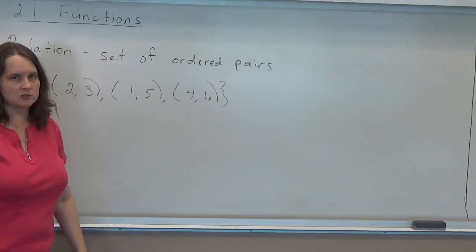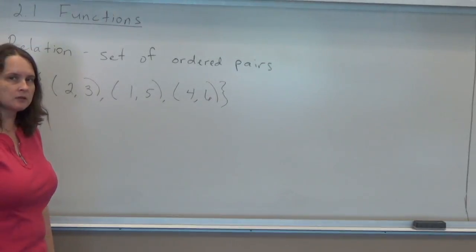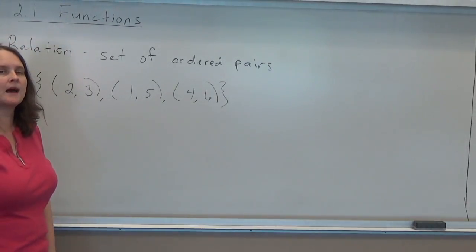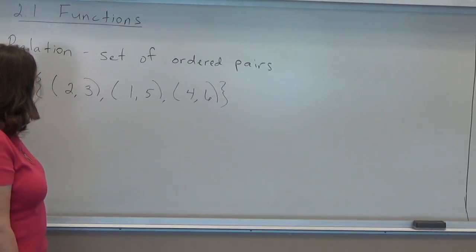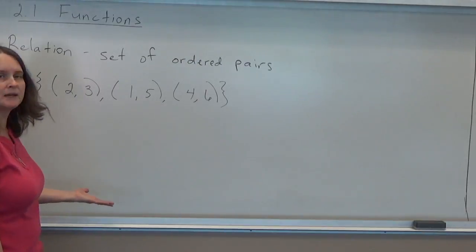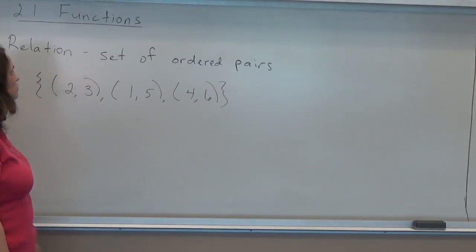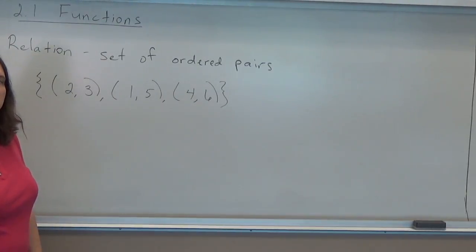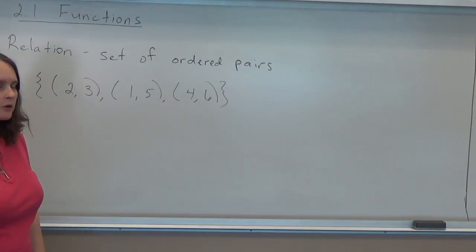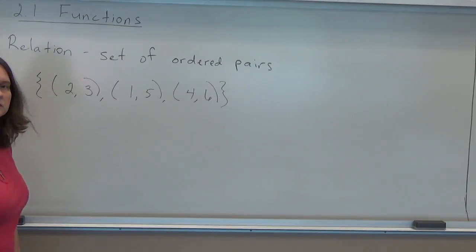A function is a special type of relation. If you have a relation where each x is being matched with exactly one y value, then you have a function. So for example, would you say that this relation is a function? Does each x get matched with exactly one y value? Yes, it does.